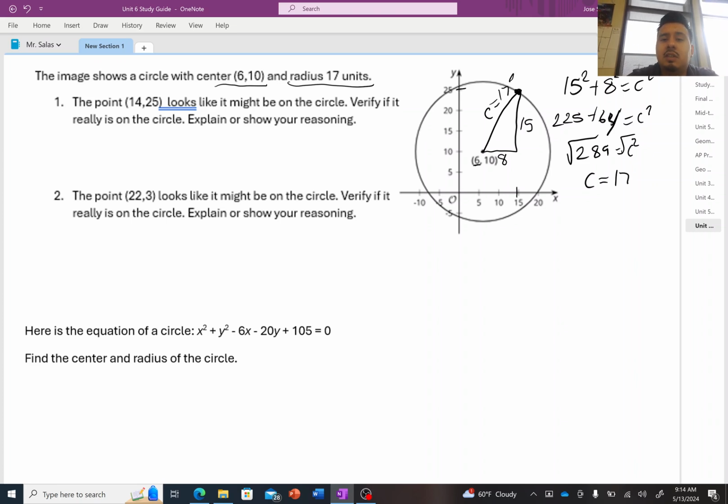So is this 17 the same as this 17? Yes, it is.